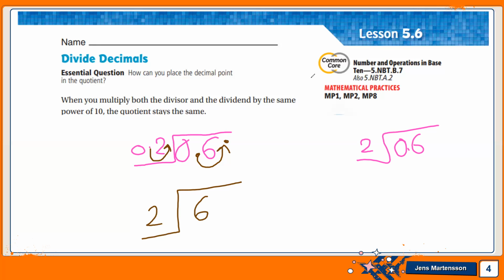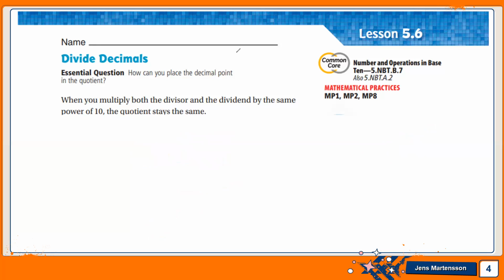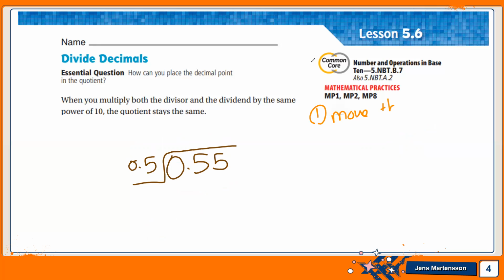I will give you another example now. Like if you have 0.55 divided by 0.5. The first step, you have to move the decimal point to drop it.